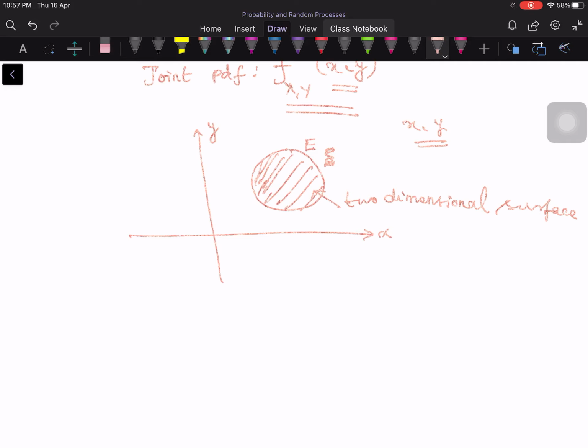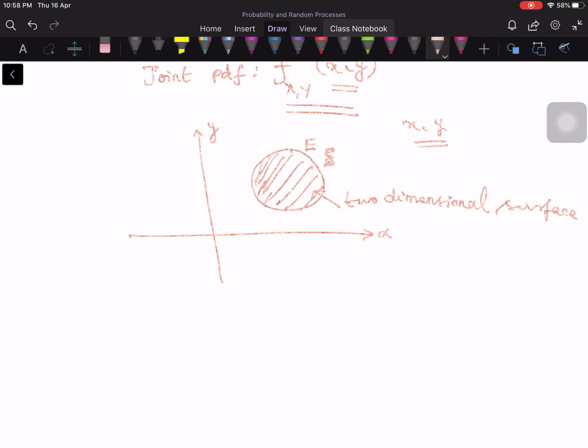The probability of falling inside the set E, we calculate by looking at the volume under the surface, that volume that sits on top of E. So the surface underneath it has a certain total volume.